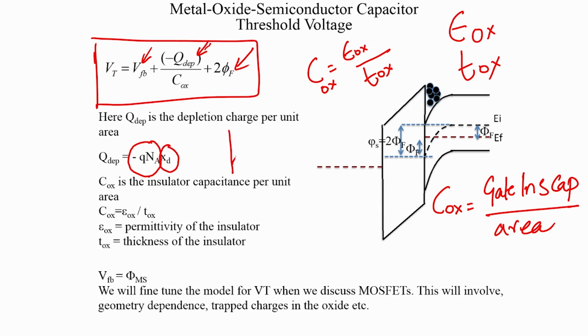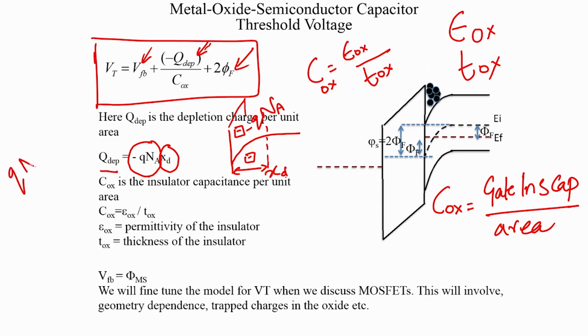So, that is XD, and you have this minus QNA as the total charge per unit volume, and there is some area but since we are looking at charge per unit area we do not really worry about that. So, QNA into XD. Okay.